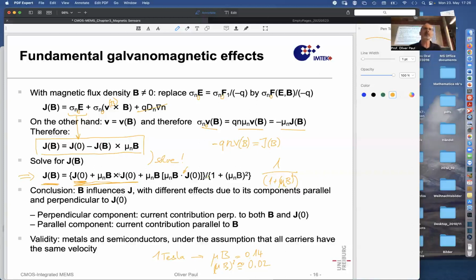And if the mobility is smaller than 0.14 square meter per volt second, say only half of it, then this becomes even more negligible by a factor of 4. So does this term. And so very often we can be content with these first terms. But for the sake of completeness, here I present it more completely.